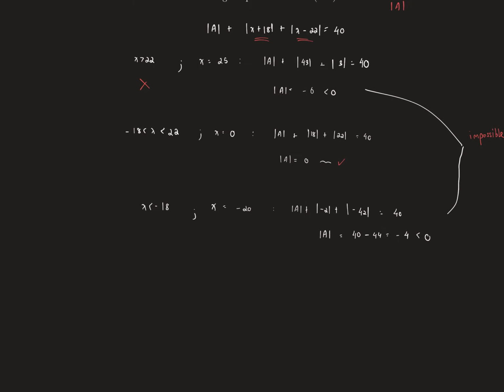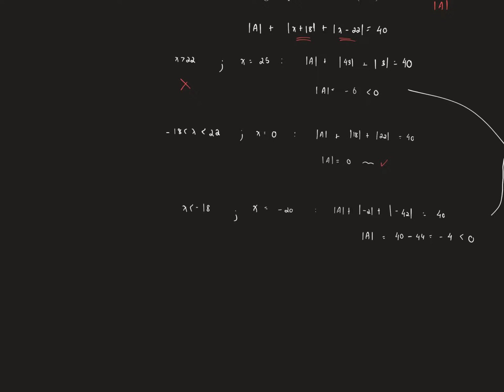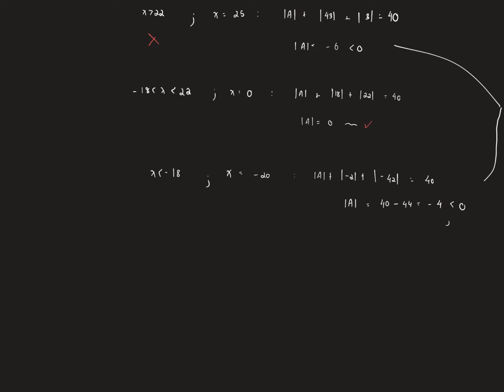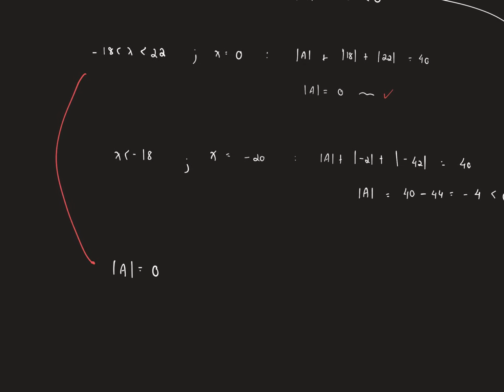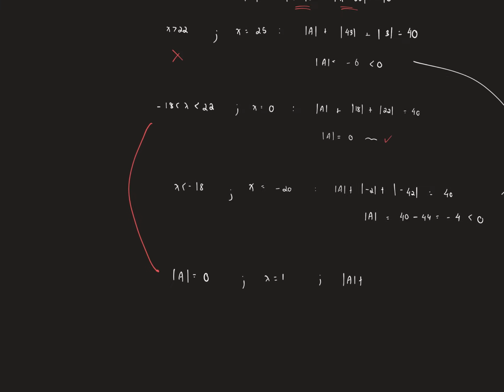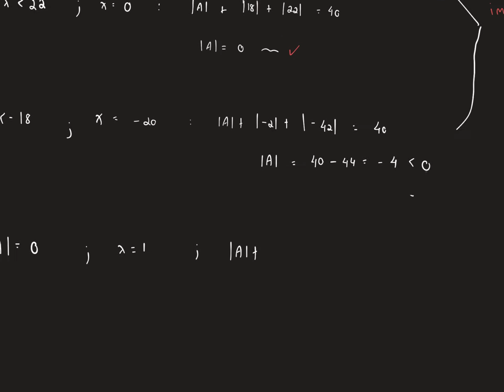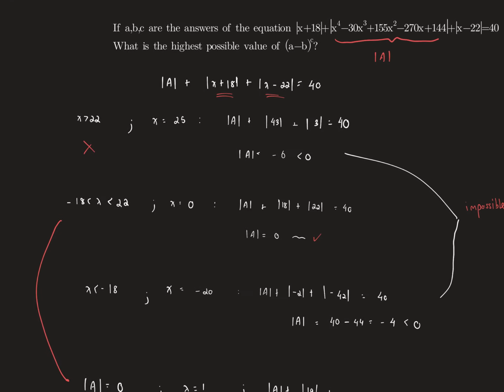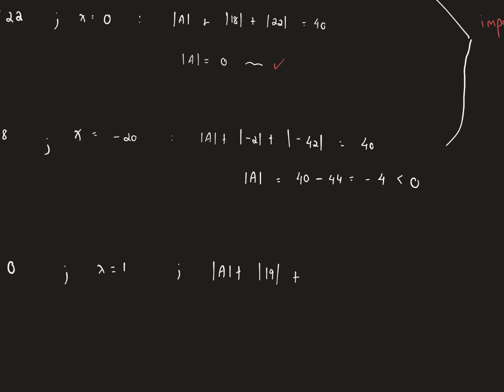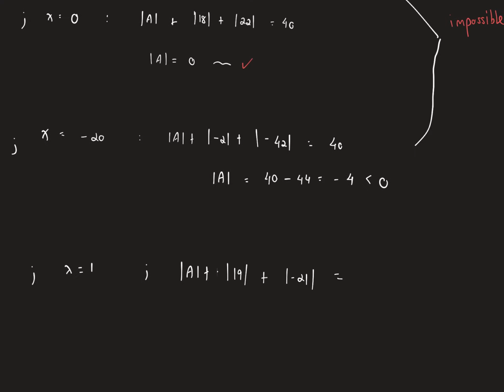And another condition for x, which is between negative 18 and 22, is that if we substitute any number in this case, notice that the absolute a will always be 0. For example, if I change my number to 1, it shall be absolute a plus absolute of 1 plus 18, which is absolute 19, and absolute of 1 minus 22, which is absolute negative 21, which equals 21, equals 40.